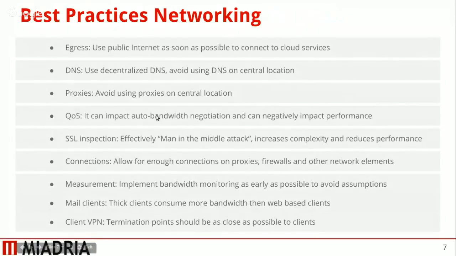Regarding best practices, so we talked about misconceptions, but when you are introducing cloud services, best practice for networking is that you offload all traffic as soon as possible, and that you use decentralized domain name servers.